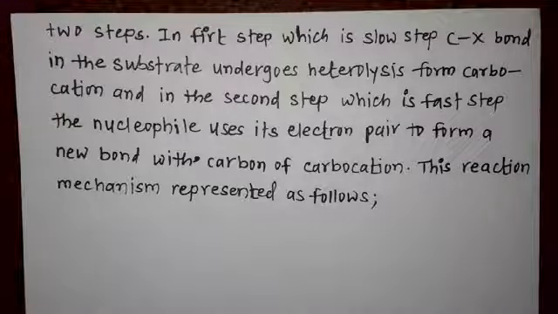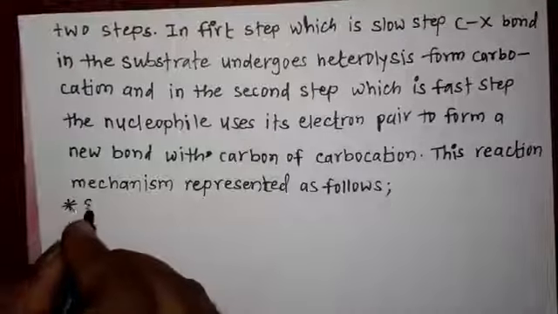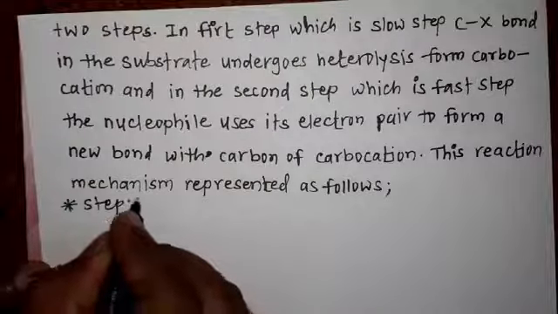We know that any type of reagent when it undergoes heterolysis forms a cation and an anion. Here in the first step the bond between carbon and halogen undergoes heterolysis. Okay, the first step we should write as follows.